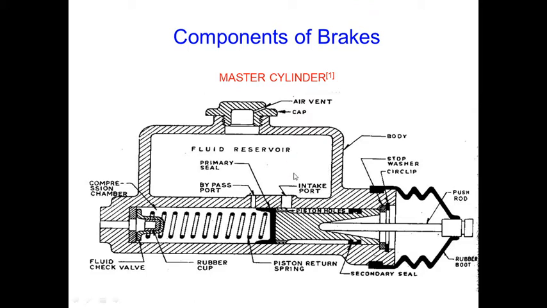This primary unit, known as the master cylinder, is basically the heart of the hydraulic braking system. This is the prime component of the hydraulic braking system. We can see that the fluid reservoir compensates for any change in the fluid volume in the pipelines due to temperature variation and to some extent due to leakage.